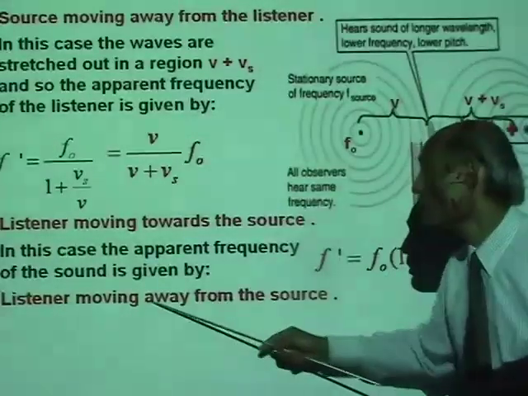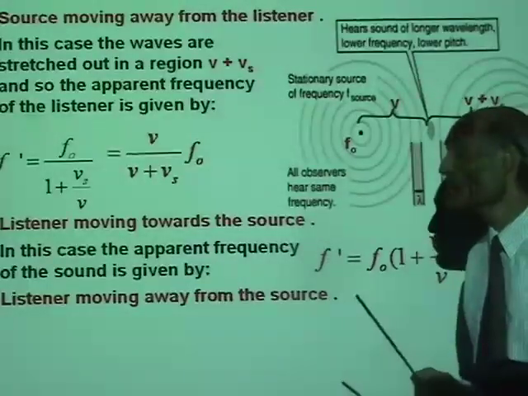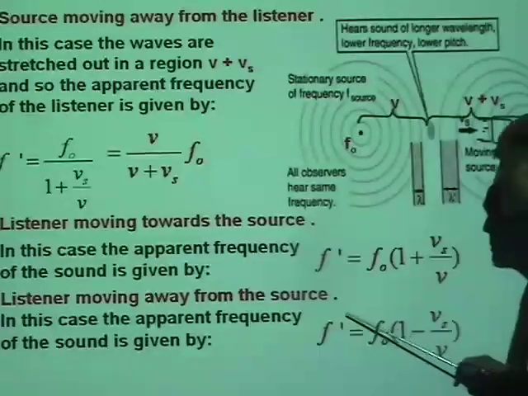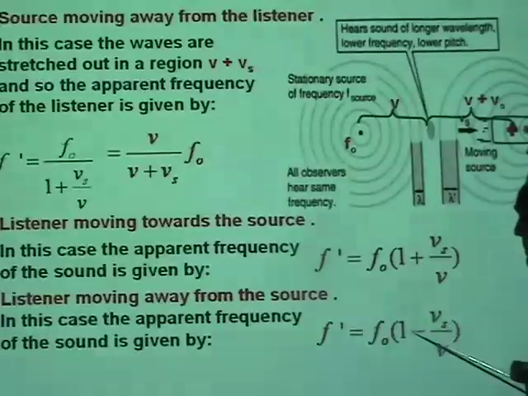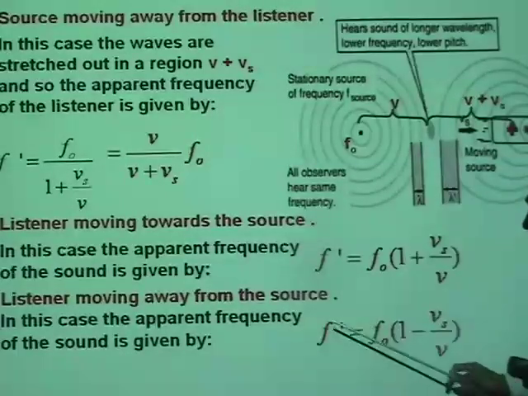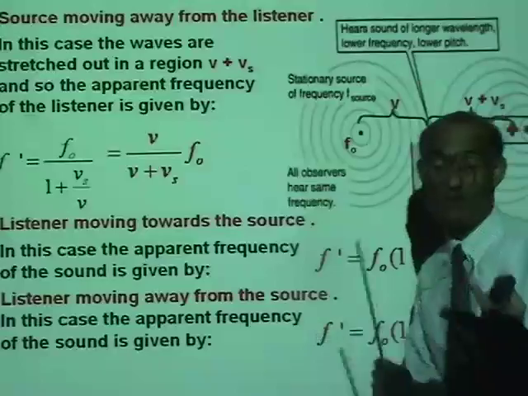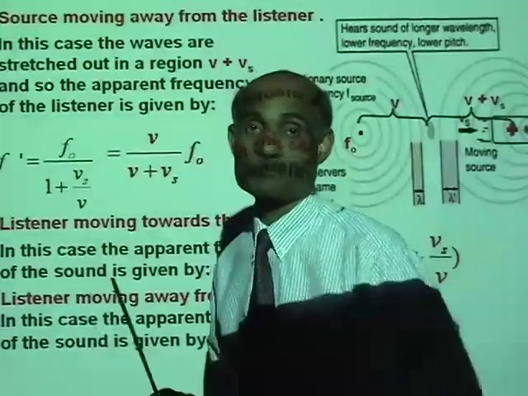Now, listener moving away from the source. What happens when the listener moves away from the source? The apparent frequency will be given by, the only difference is, this plus will become minus. So f prime is f0 times 1 minus vs over v. We have 4 formulae. What is the first one?